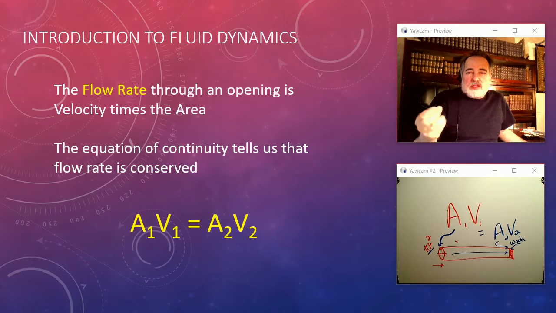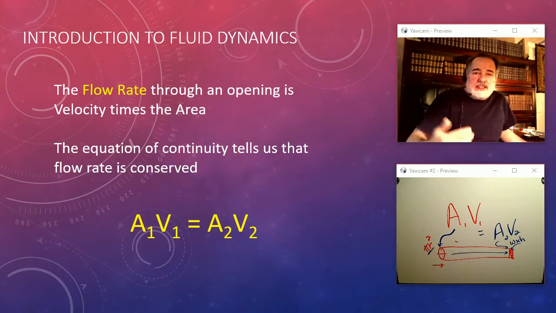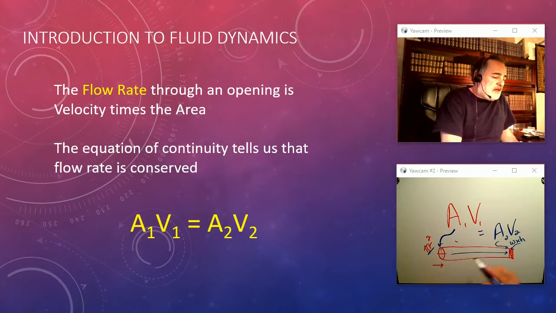If you have a hose and you have a nozzle on it, if you close the nozzle, make it a smaller opening at the bottom, what happens, right? You get a faster velocity out. So the flow rate, and this is called the equation of continuity, is conserved.